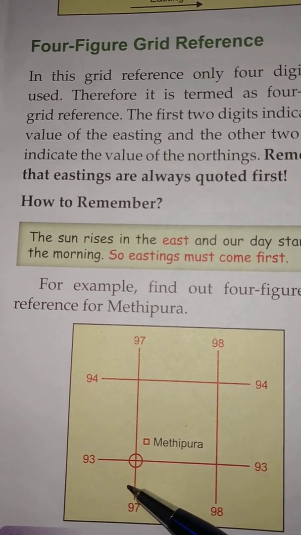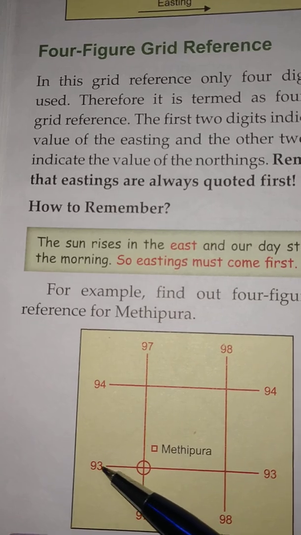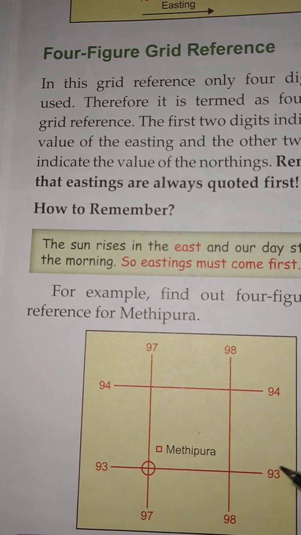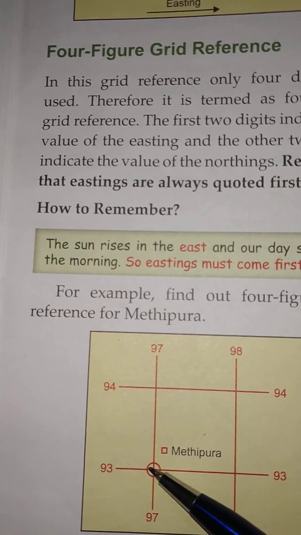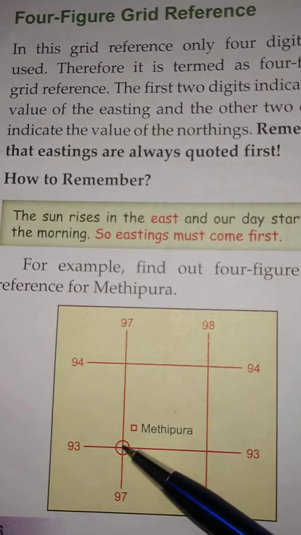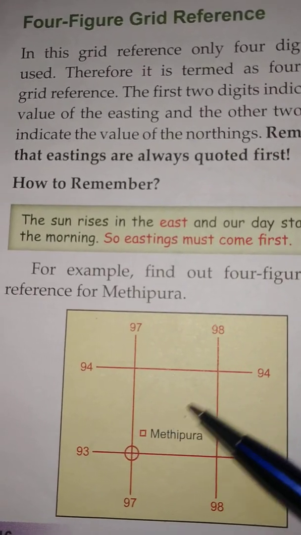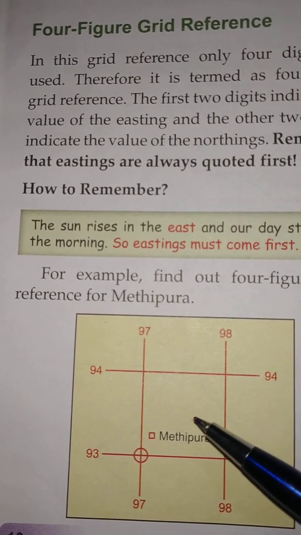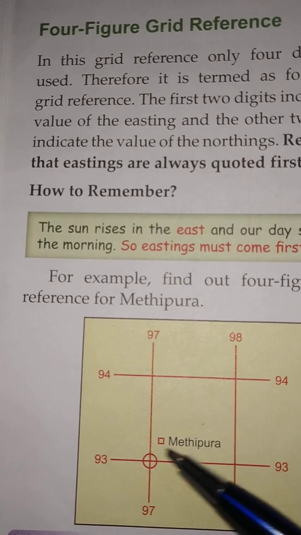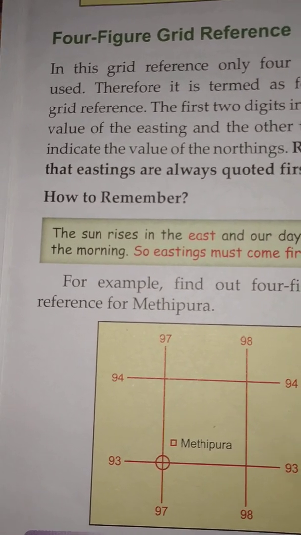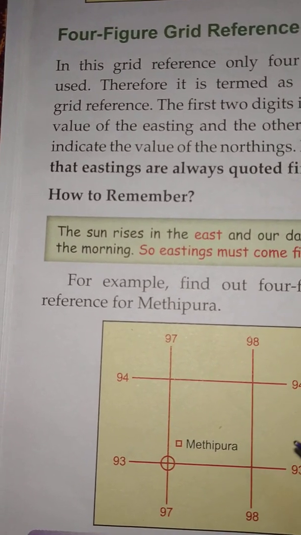And what is the value of the northing which is passing through that corner? Its value is 93. So 97 and 93 intersect here. So what will be the 4-figure grid reference of Methipura? It will be 9793. What? 9793 will be the answer.